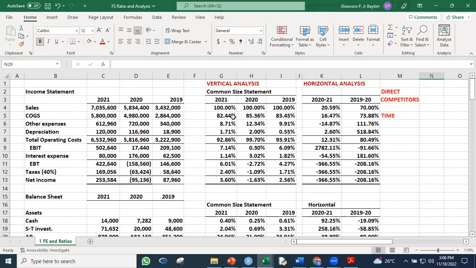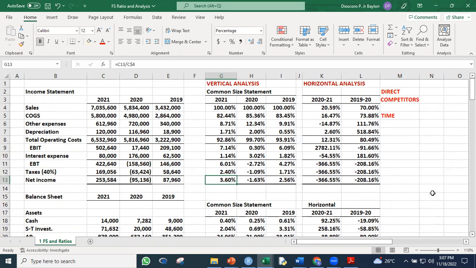For example, since the net income is 3.6 from the common size statement, we know that this 3.6 can be expressed as 3.6 over 100 because it's in percent. Kinonvert lang natin percent natin.